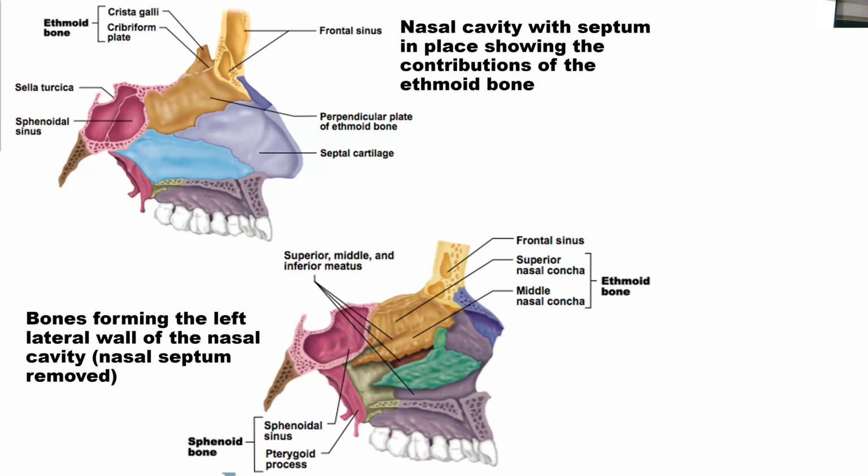And so essentially, your nasal cavity isn't just a big open area. It's this kind of convoluted pathway where air can flow through these different meatuses, which is the plural. And remember, you have this on your right and your left side too. And this performs an important function physiologically.